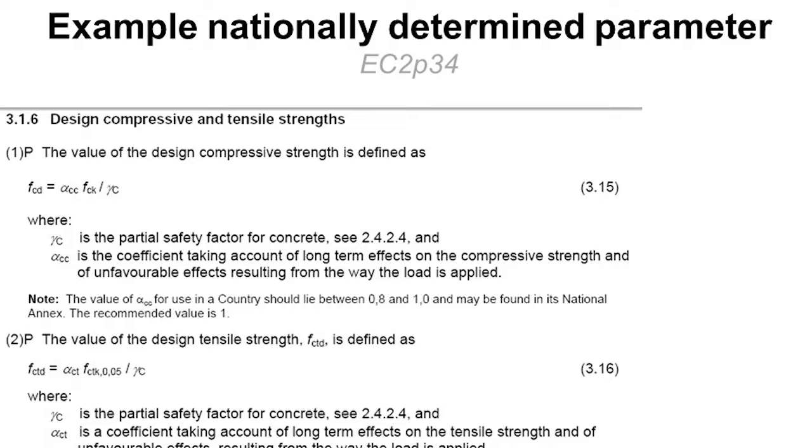You'll find that gamma c is the partial safety factor for the concrete, and it'll say jump to clause 2.4.2.4. When you have your material, your concrete, if you choose a C35 concrete, it's a concrete that is 35 newtons per millimetre squared in terms of strength, but we can't rely upon that.